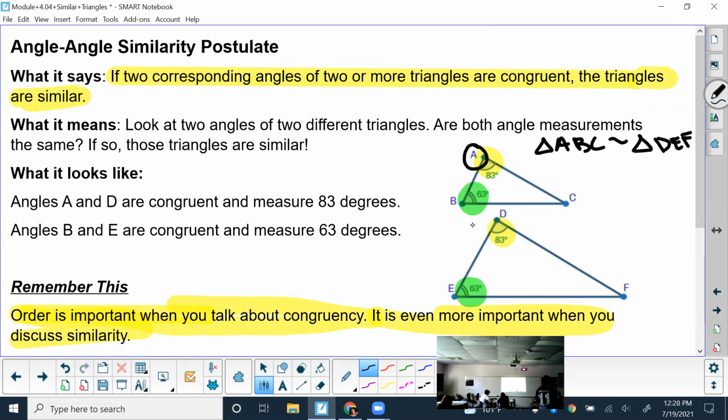Because A corresponds with D and it goes first. B corresponds with E and it goes second. So that would be the correct way of writing it. If I mix up the order on one of these and not the other, then I'm showing that the different angles are similar when they're not. Questions?